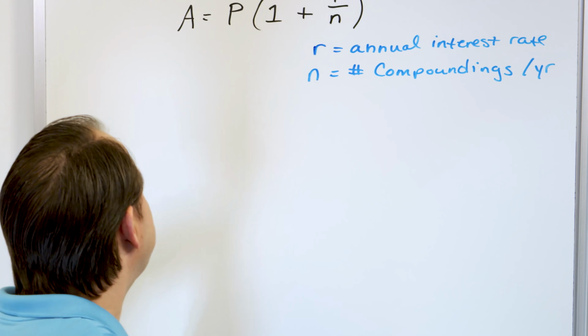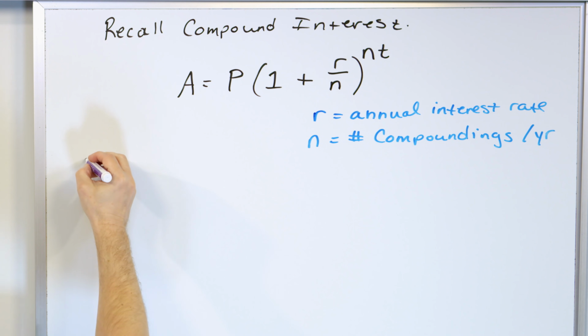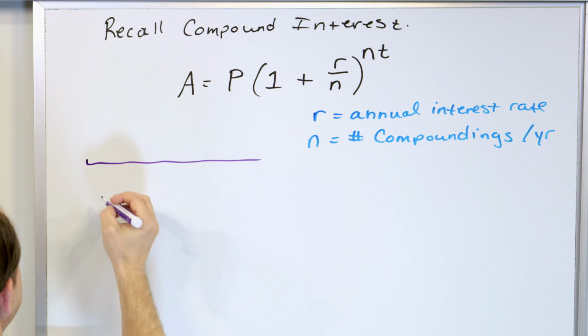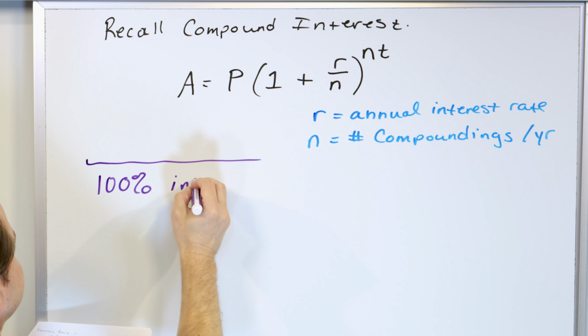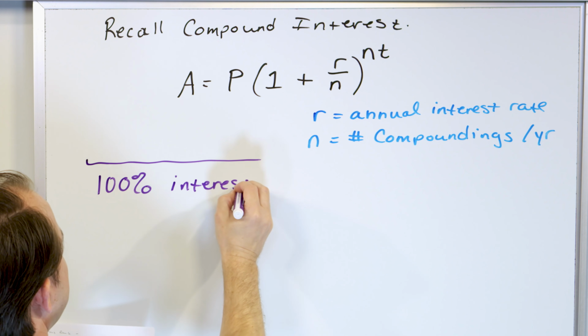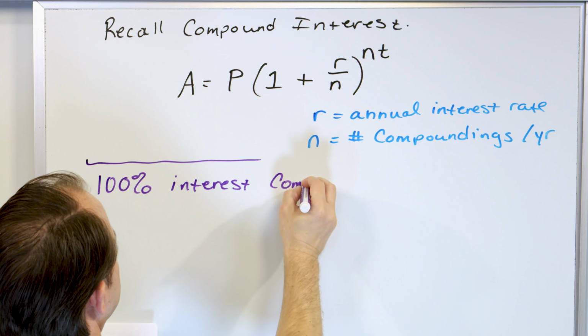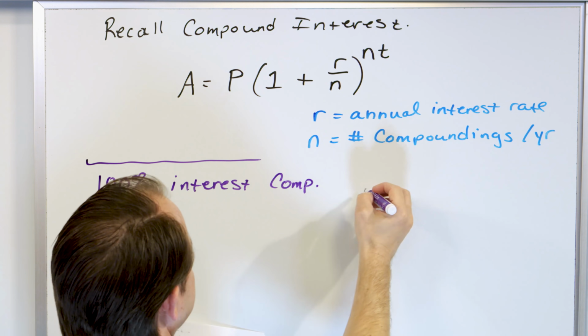But I still need to go through the equation because we're going to make some changes along the way, and you'll see how we end up deriving Euler's number e right here. So let's say that I'm going to give you 100% interest, and that's compounded annually.